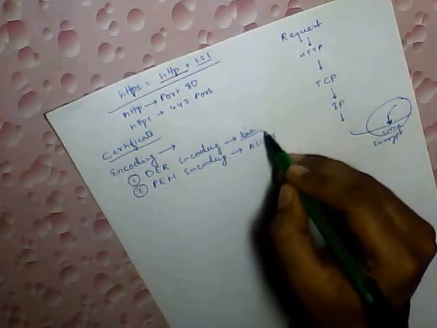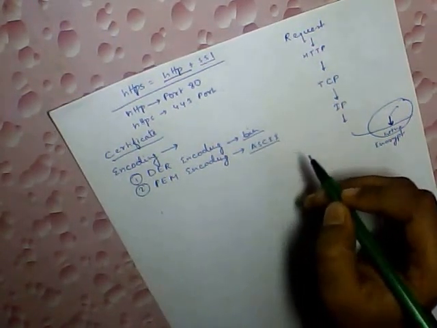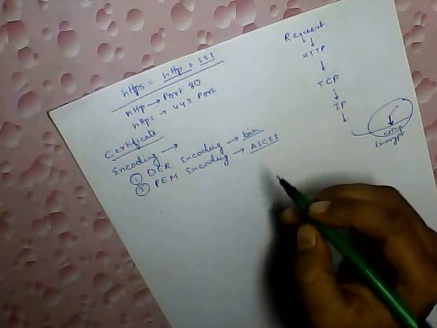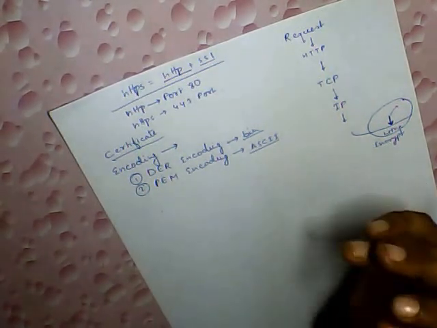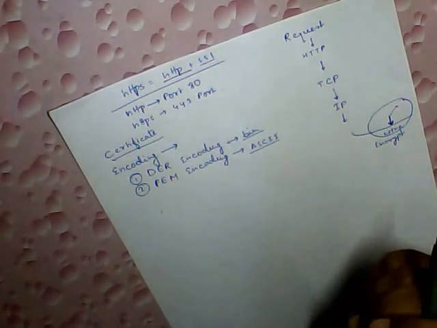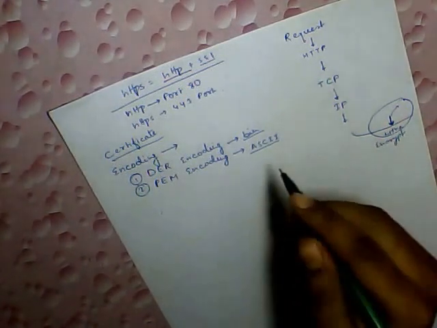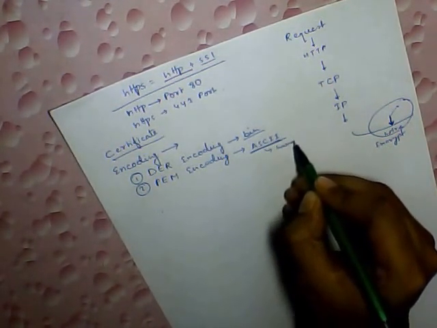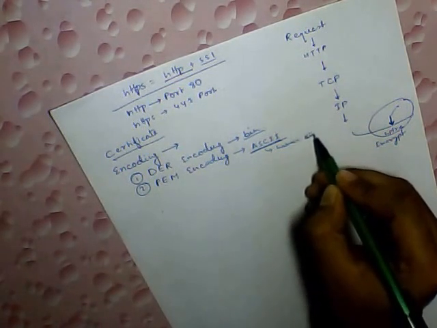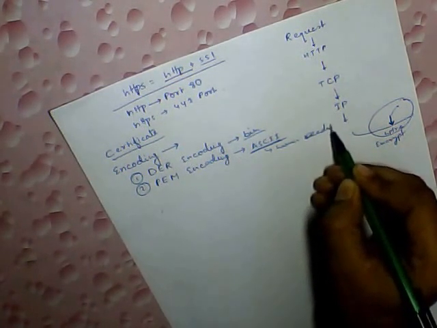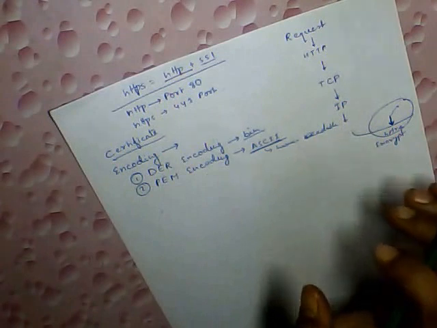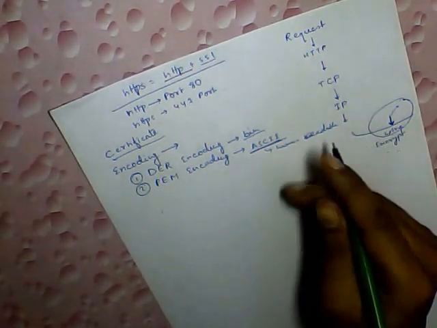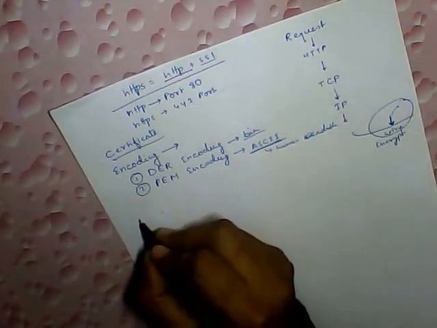You will not be able to read it. But if it is PEM encoding, it will give you ASCII format. It is human readable. So it's advisable that while starting, go for PEM encoding.